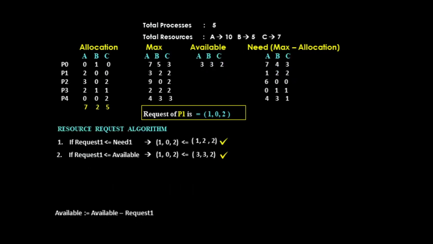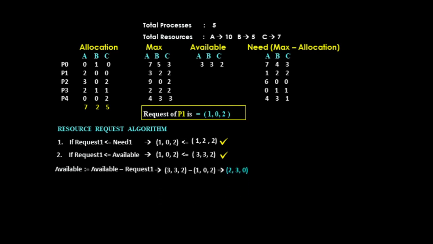Now, we are moving to change the variable available. That is, the requested resources are subtracted from the available number of resources currently in the system, that is 102 is subtracted from 332 and now the value becomes 230.